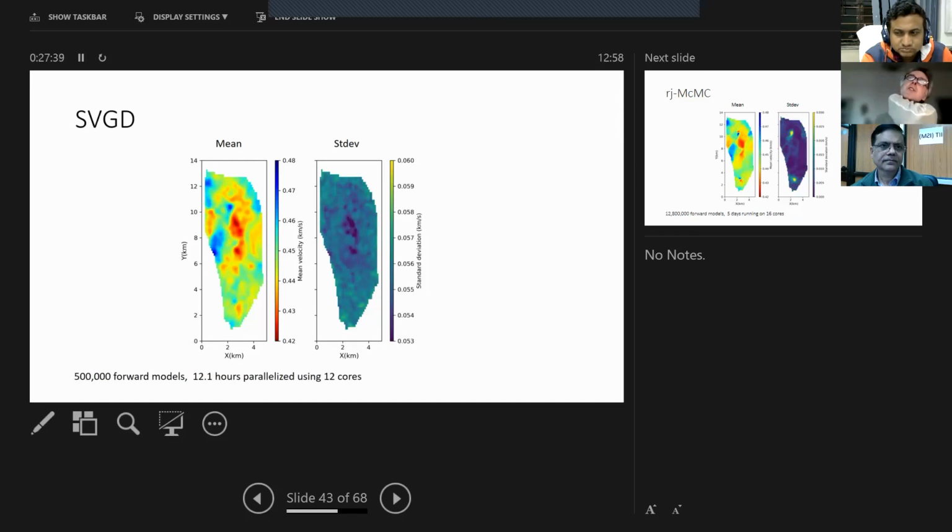So we wanted to solve it with a third method, but we know that the third method that matched SVGD previously was the Metropolis Hastings Monte Carlo. Unfortunately, we saw previously that took 12 million iterations. In this problem, we couldn't even get it to converge. It's just too large a problem. We did run it with the reversible jump Monte Carlo method, and this is what we got.